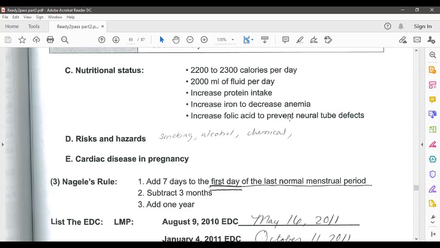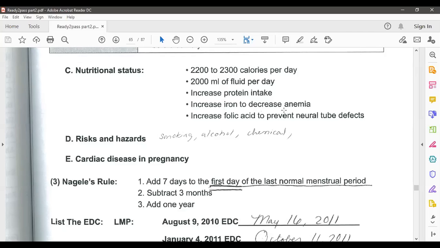The usual recommendation is 600 micrograms per day, and also increase the protein intake, right? And iron supplement, iron increase to decrease anemia. Also increase vitamin C, because vitamin C increases iron absorption.